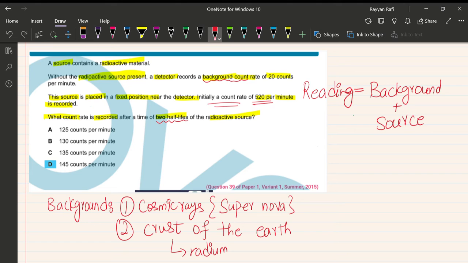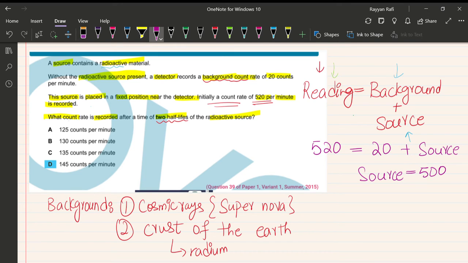Now we have to understand, this is the final reading, and this is the background count, and this is the count released by the source. Like here we have a radioactive material. Now the reading is 520 and the background count is 20 plus source, so the count rate of the source will be 500 counts per minute.